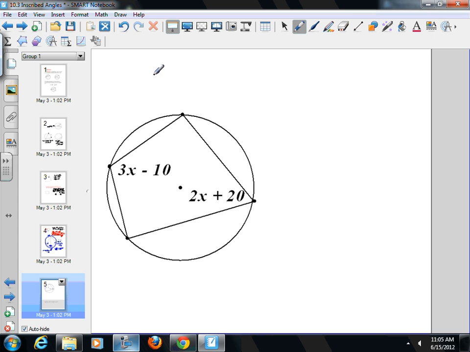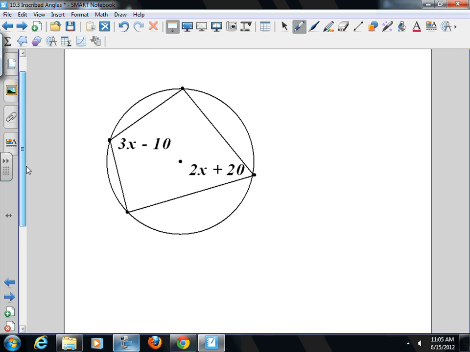So let's move on to our last problem. Here we have a quadrilateral that's inscribed in a circle. Well, and we know where we have expressions for pairs of opposite angles. And we would like to find the value of x in this case.